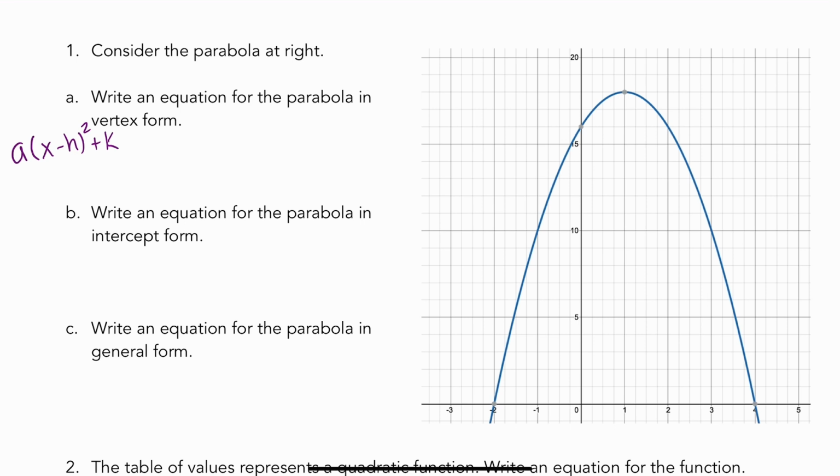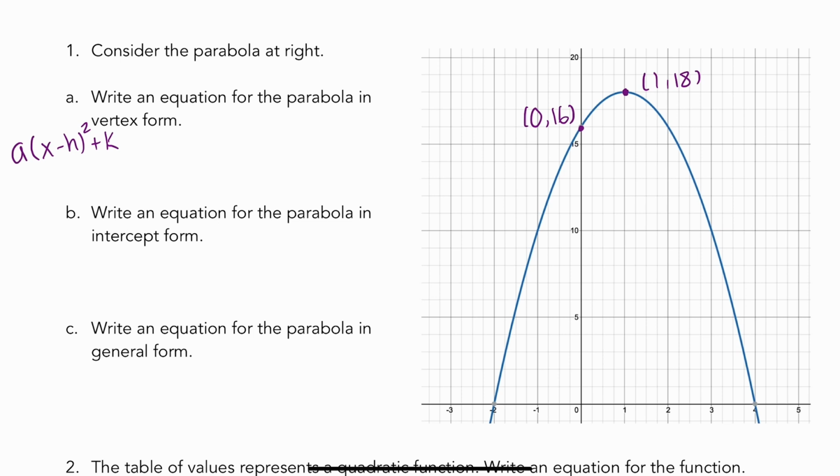This is vertex form. Let's start figuring some things out by looking at our parabola. Our parabola has a vertex of (1, 18). It looks like we have a y-intercept of (0, 16).